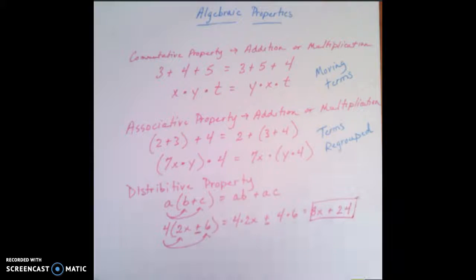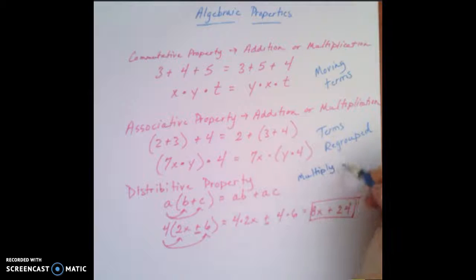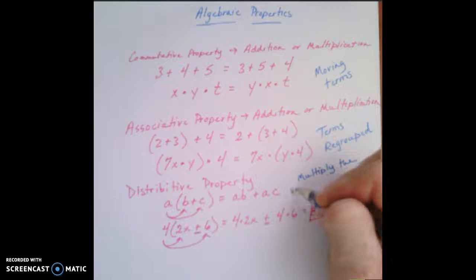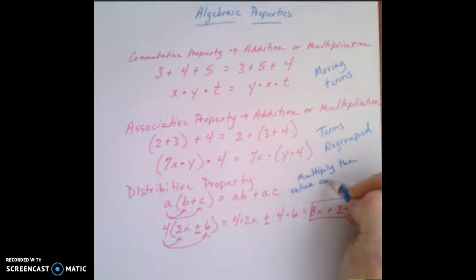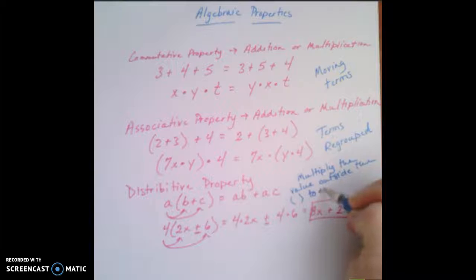And that would be our new simplified value. So when you think of the distributive property, you need to multiply the value outside the parentheses to everything inside.